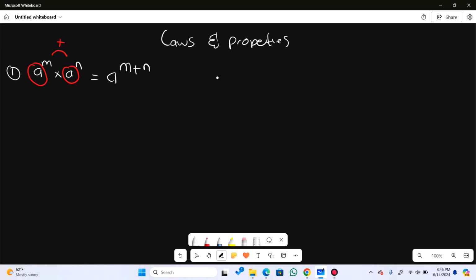For example, if I have 2 to the power 2 times 2 to the power 1, what will I have? I'll have 2 to the power 2 plus 1, which would give me 2 cubed, because 2 plus 1 is 3, and 2 cubed we know is 8, right?